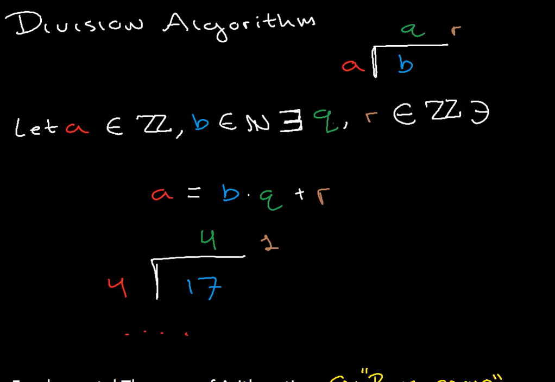But there's something I forgot to write in, and that is that R is always between 0 and B, but it's never equal to B. And B needs to be in blue.